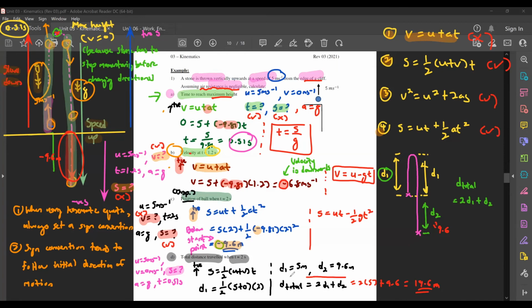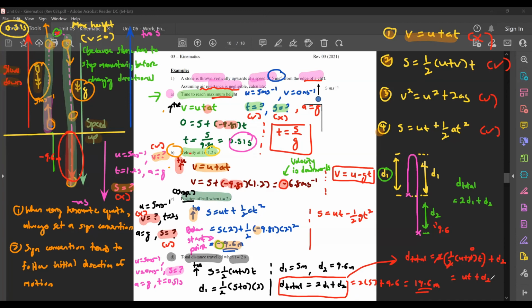Now again, if you try to do this in the EJU style of doing things, D total will actually be 2 times D1, which is half (U plus V) times T, plus D2. So this one cancels off, and this one is 0. This will give me U T plus D2.